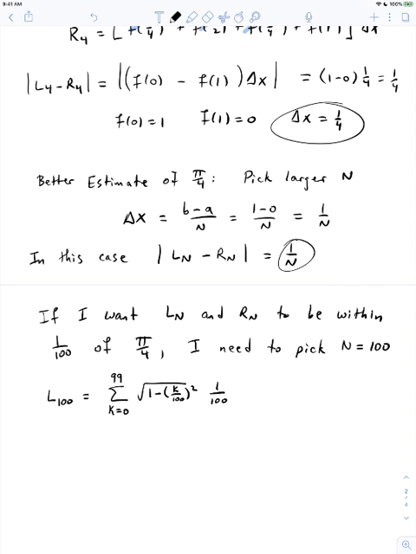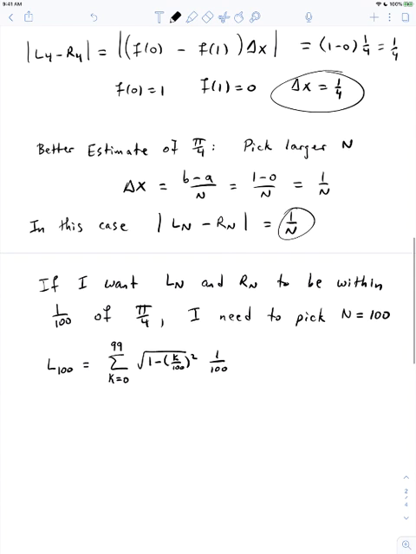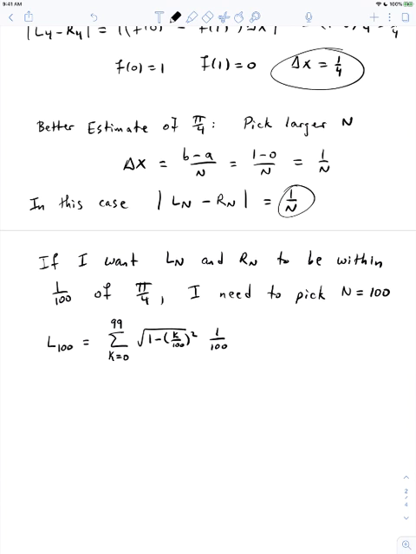So that's going to give me 100 terms, starting at 0 and going to 99. Now again, I can't compute that by hand or in my head, but I can get a computer to do it. And R100 is the sum of the square root of 1 minus k over 100, quantity squared, times 1 over 100. But now I'm using the right endpoints. So I'm going to start at 1 and go to 100.